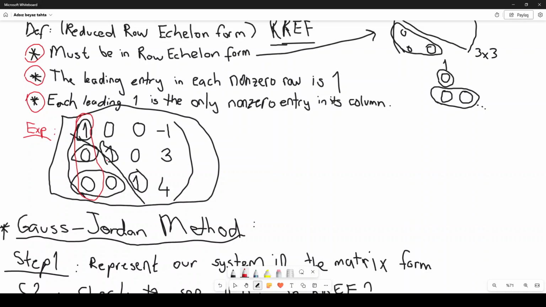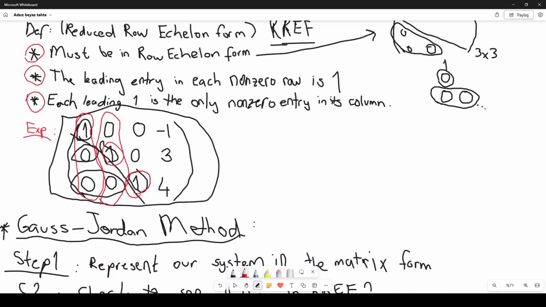For instance, in the second row, the leading entry is 1, and I just circle its column, and you see besides the value 1 all the other entries both below and above it are equal to 0, so it is satisfied again. How about the third row?